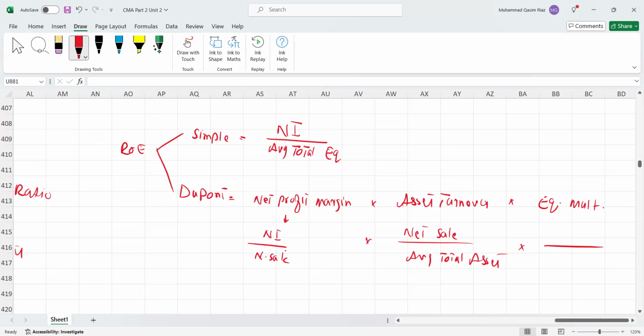And equity multiplier, how do you calculate it? Average total assets divided by average total equity. Right? So guys, this is how we find them.